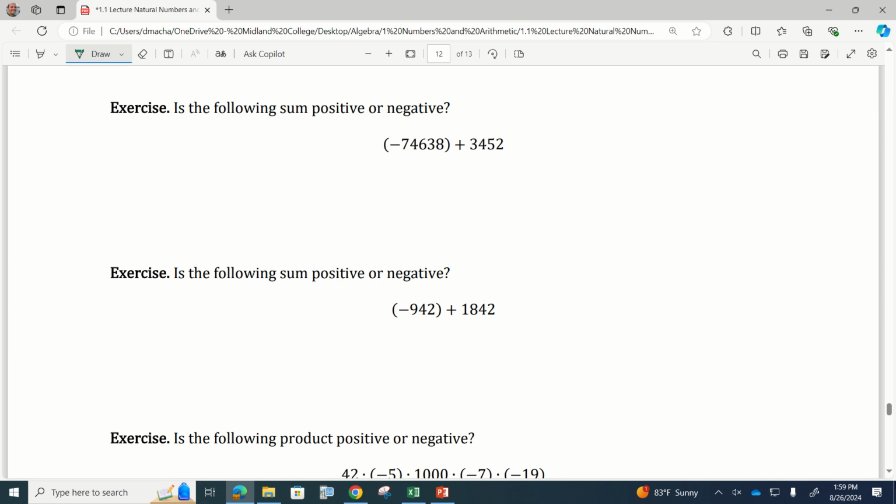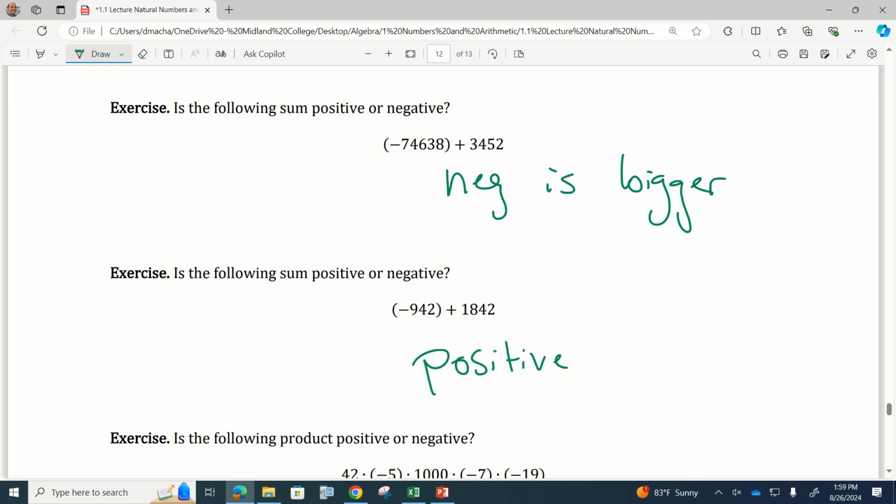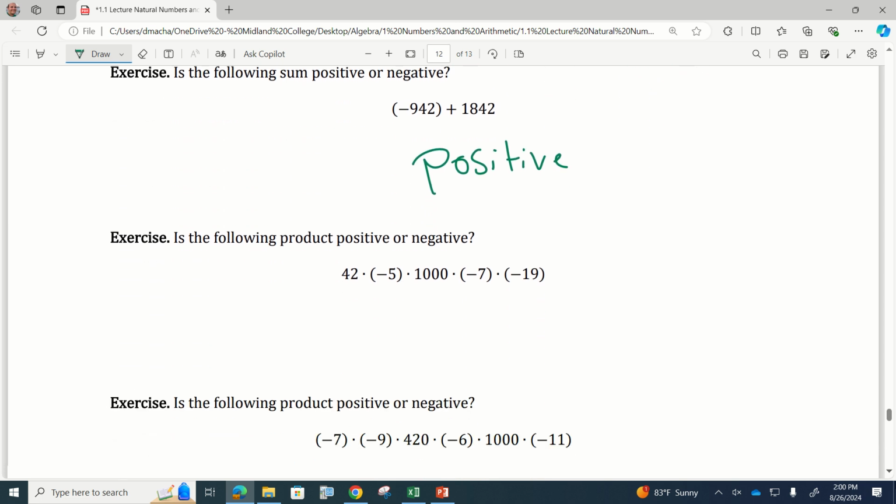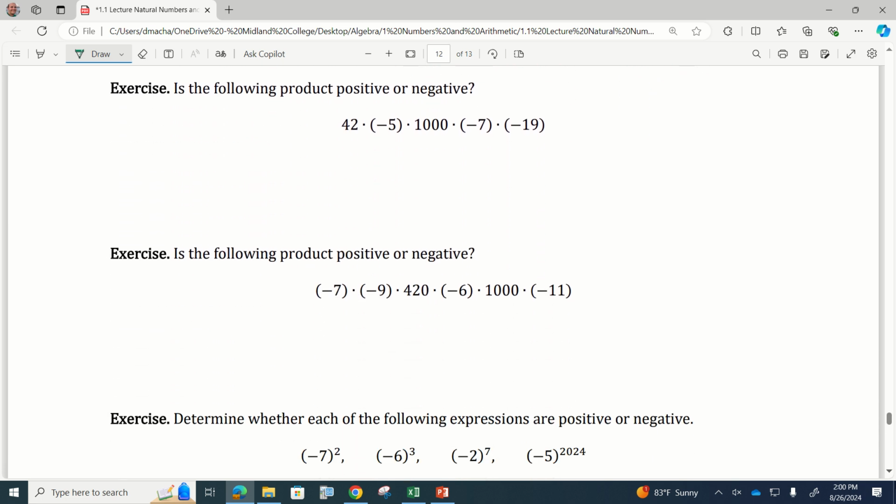Okay. Is the following sum positive or negative? Negative. How do you know? If you're adding together a negative and a positive, if the negative is bigger, then it's going to end up negative. This then would be positive. Okay. Is this going to be positive or negative?